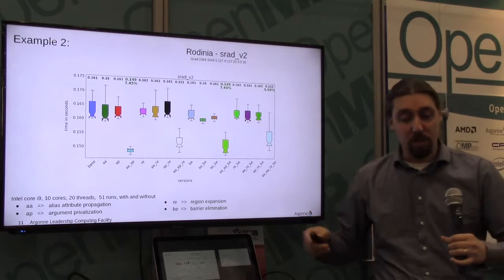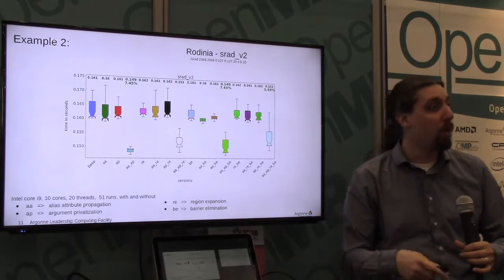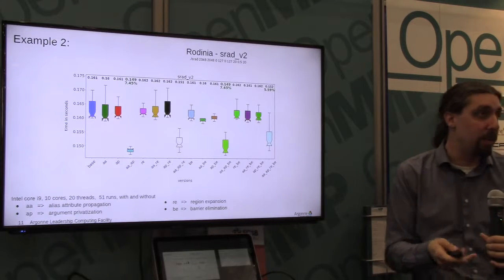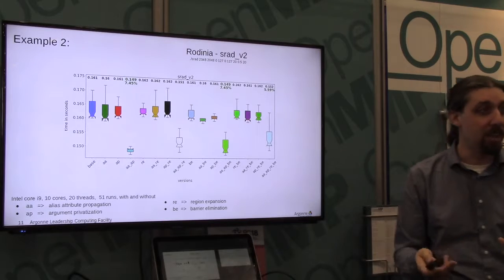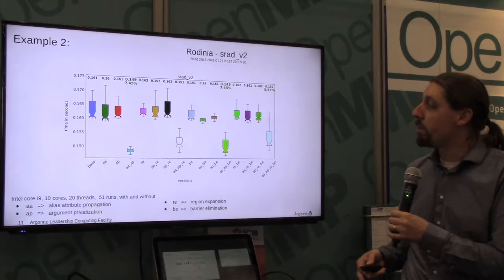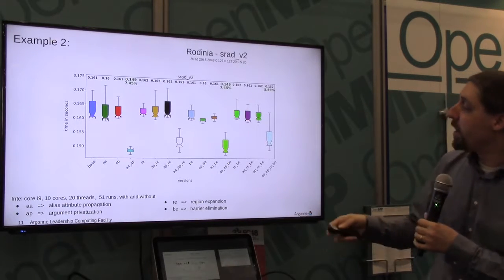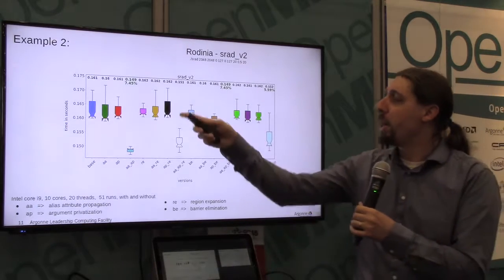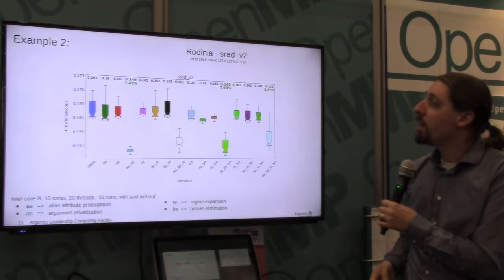When you combine things like parallel regions together, you end up with lots of barriers that are now redundant. If you have a barrier and then another barrier right after it, you don't need two, you just need one, so you can get rid of the second one. And this actually has a measurable effect on the performance as well. So that turns out to be pretty important. And we've combined all these various techniques. In this case, you can see that we get about an 8% speed up from various combinations of these optimizations. And that's pretty useful.